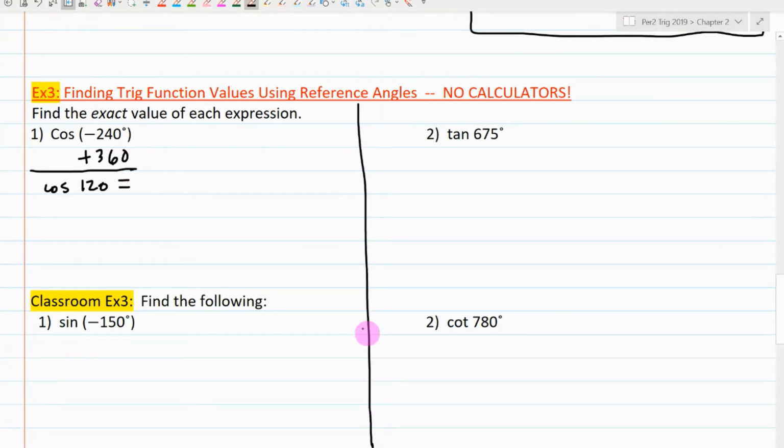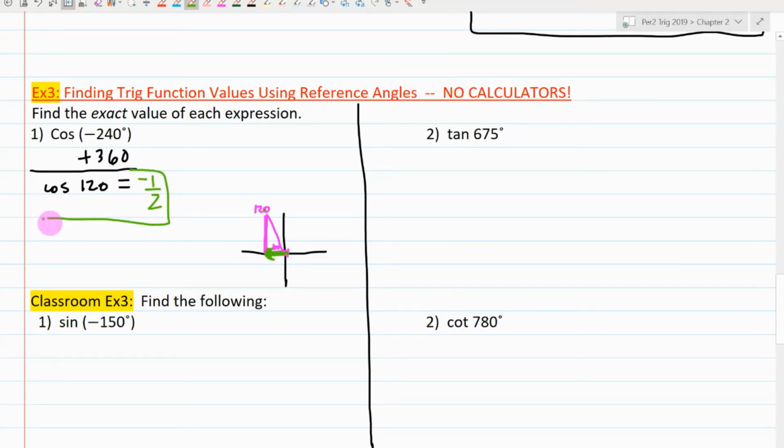For the cosine of 120, I'm going to draw a picture. 120 is here. Cosine is the X value. That's a 60-degree reference angle. So cosine is X. So it's a small. And it's a negative because it's going to the left. So that's a negative 1/2.